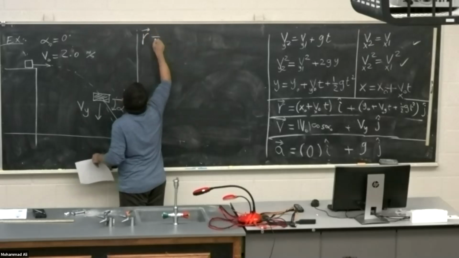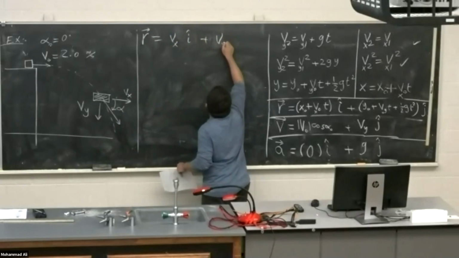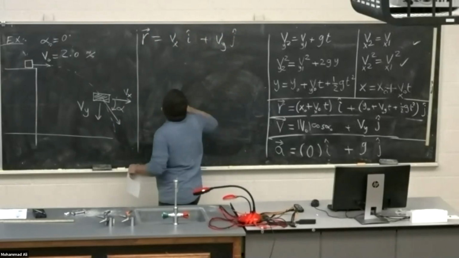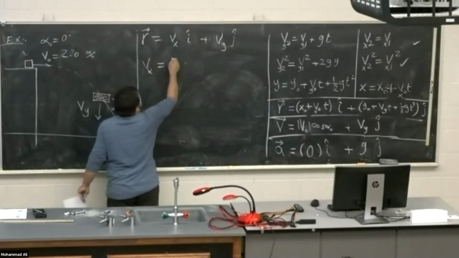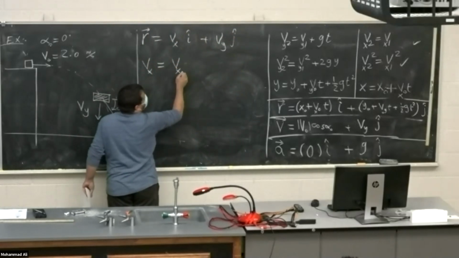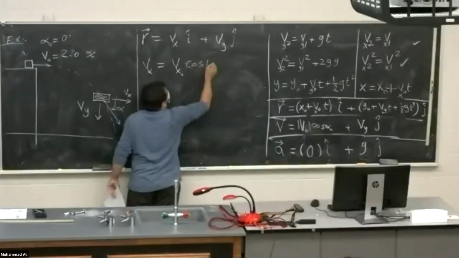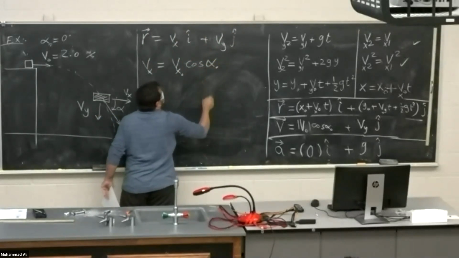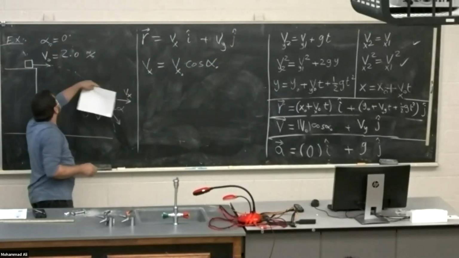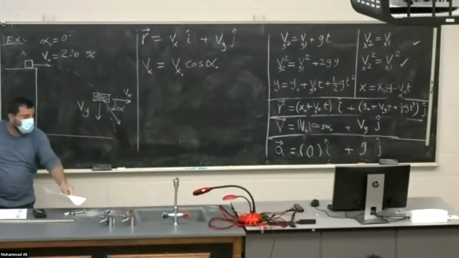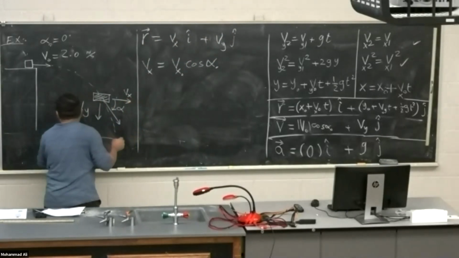R is equal to X i hat plus Y j hat. Okay, what about Vx? Vx is equal to Vx naught cosine alpha naught. What is Vx naught? What is the velocity here? V naught. Let us talk about V naught. I'll put it here.